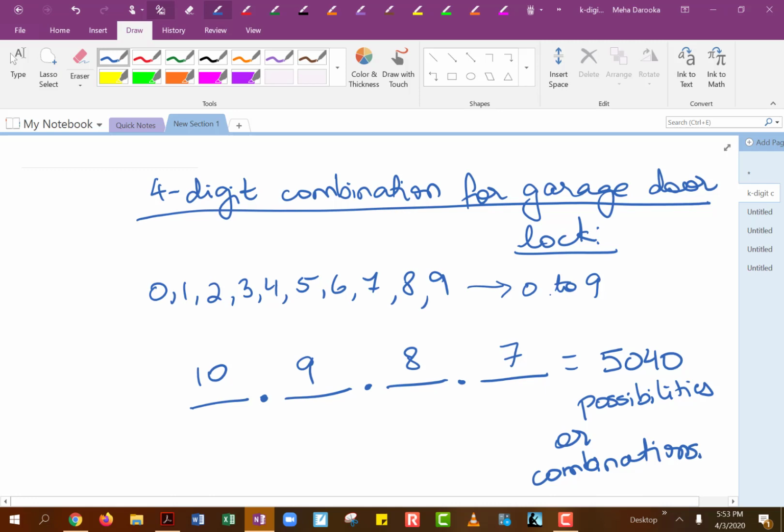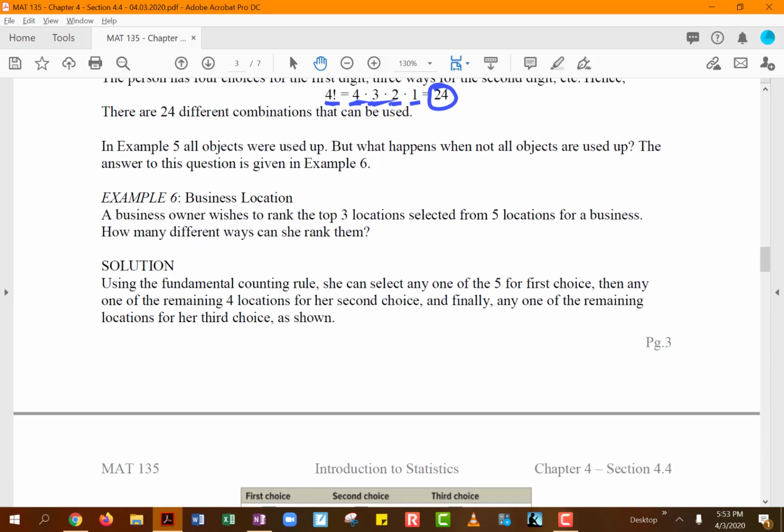So this one is saying that a business owner wishes to rank the top 3 locations selected from 5 locations for a business. So how many different ways can she rank them? So this is where we're bringing in the idea of the fundamental counting rule.